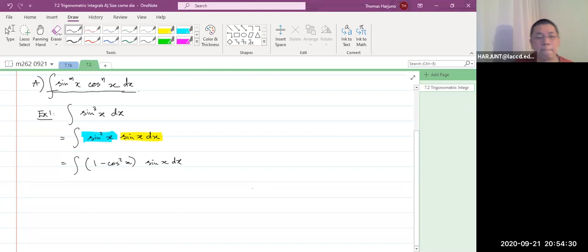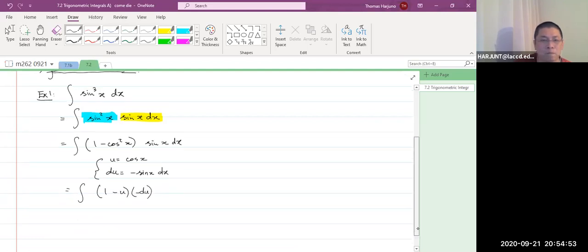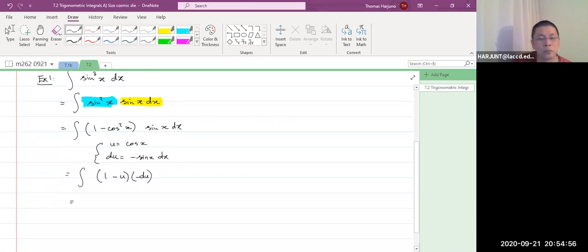Is it right? And then I do substitution, u equals cosine x, du equals negative sine x dx. So this becomes integral 1 minus u squared negative du, which gives us negative u plus 1/3 u cubed plus constant.